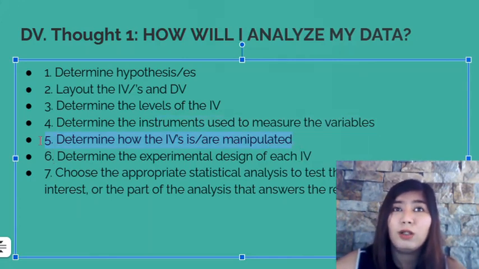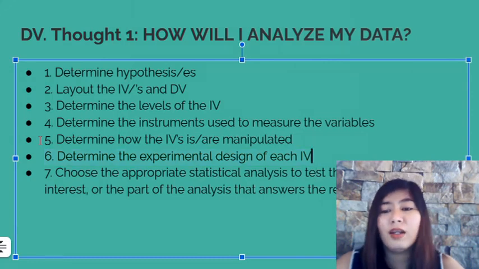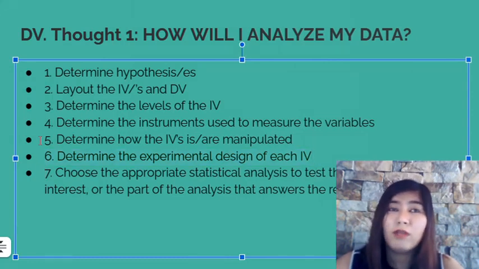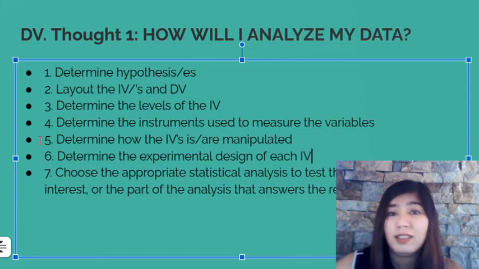You need to be very careful by considering your research question in mind, your research hypothesis in mind. So because as you manipulate your IV, the design of the study is the next thing that you should think about. Okay. So yeah, so determining the experimental design of each IV. So because if you have more than one IV, you can have mixed design.